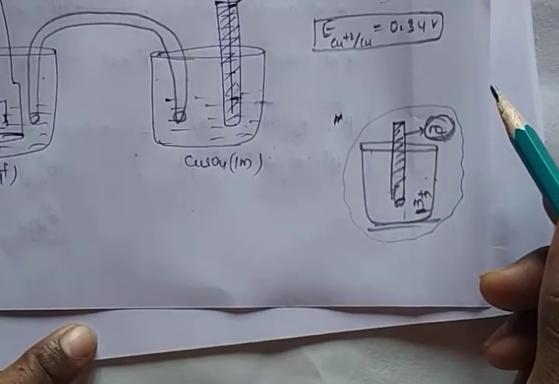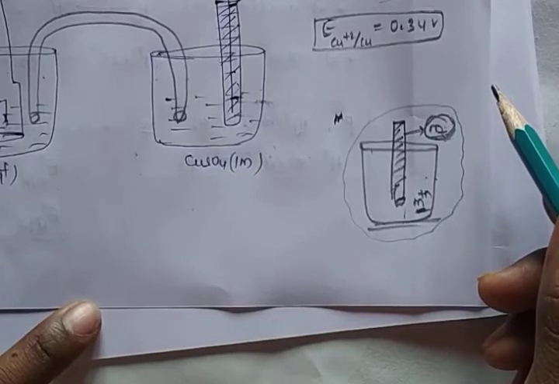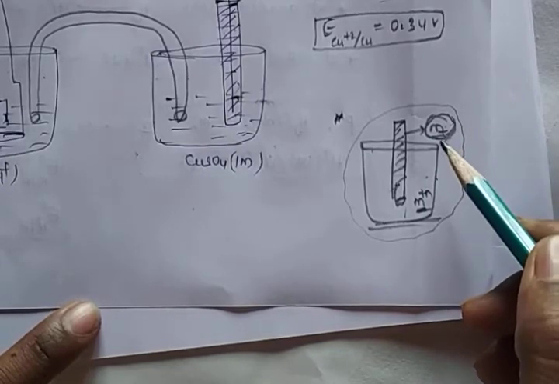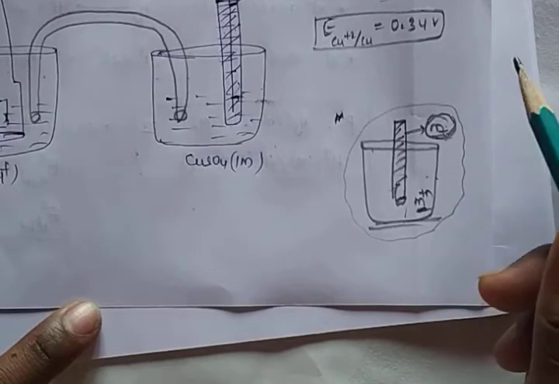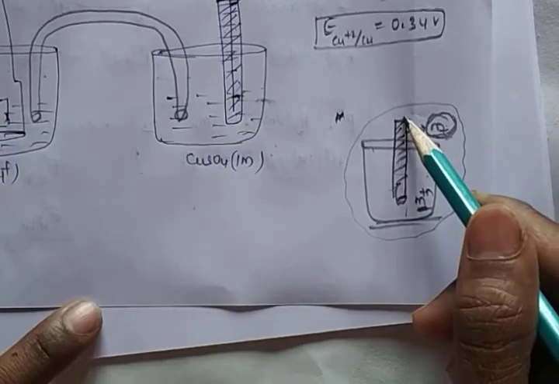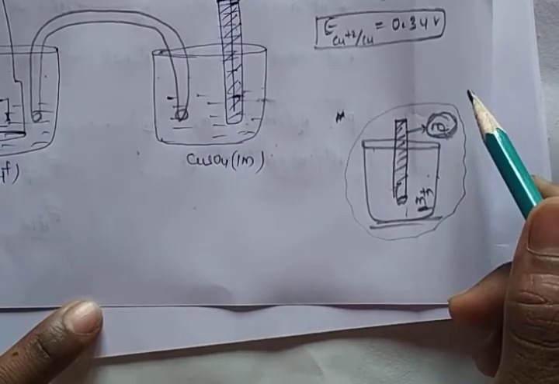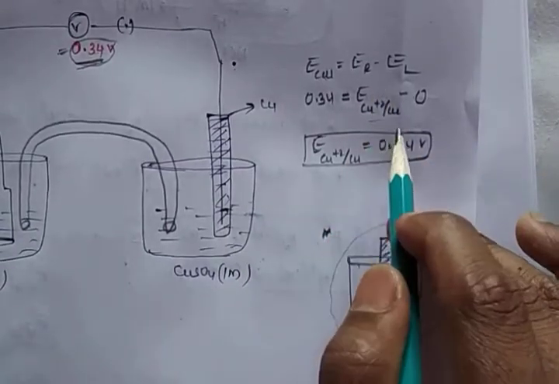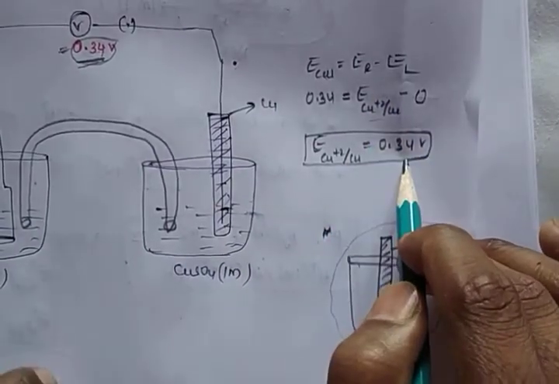If the voltmeter showing negative readings, then our connections is wrong. You interchange the positions. When it shows the positive reading, that means we have connected correctly. Note down the cell potential, and by using this formula you can measure the electrode potential values.